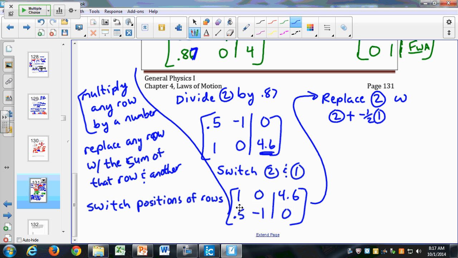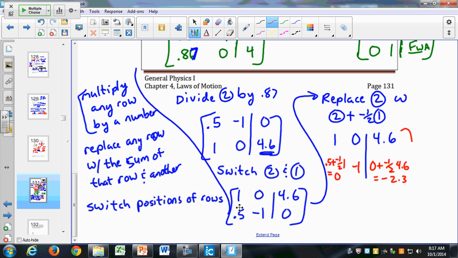All right, and when I do that, I get 1, 0, 4.6. I add 0.5, I'm going to write it in here in longhand, 0.5 plus negative 1/2 of 1, right, which of course is equal to what? 0. And then I get negative 1 here. And then I get 0 plus negative 1/2 of 4.6, which is equal to negative 2.3.